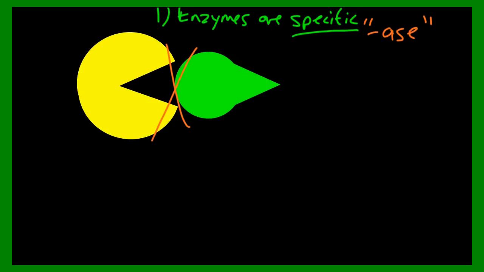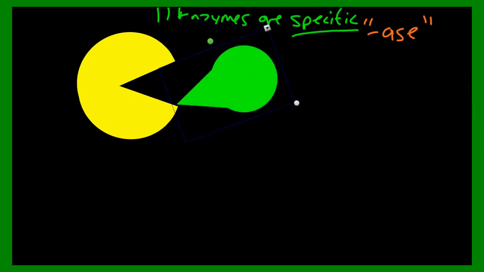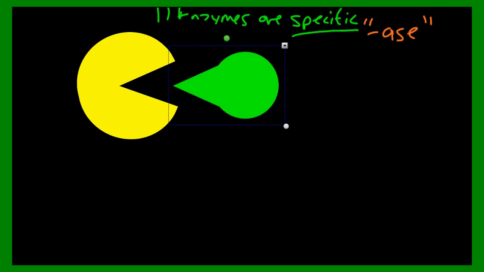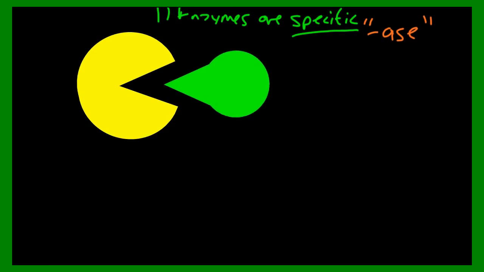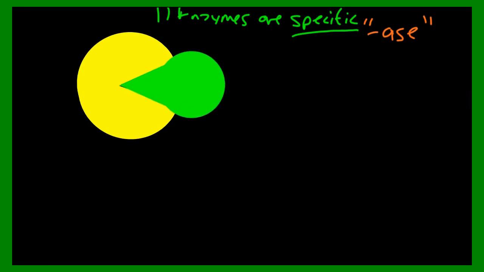However, if the molecule has a different shape, let me erase the ink here and get back to this. If the molecule, the substrate, has a different shape, that enzyme can use it.